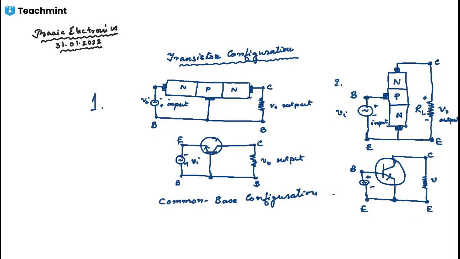So this is V0 output. This is plus, this is minus, this is RL.